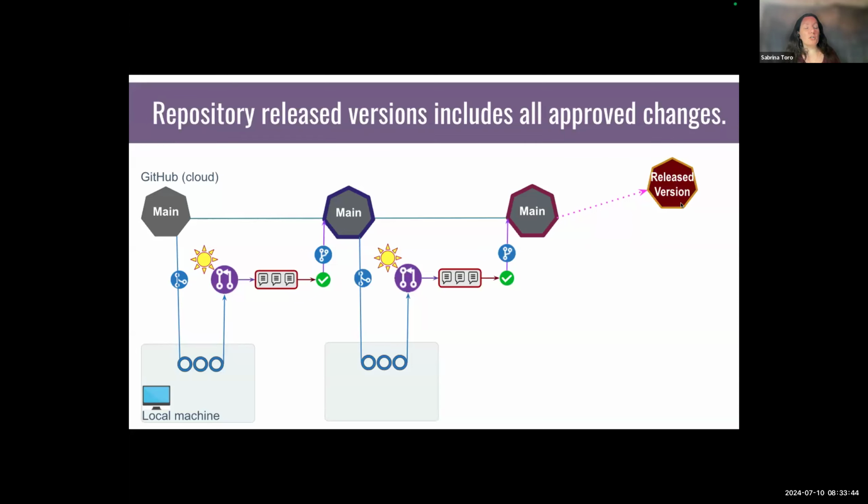This release version is what users will see and be able to use in the system. Everything happening outside of this reviewed release version is basically a working version of the ontology where everybody can just add to it.